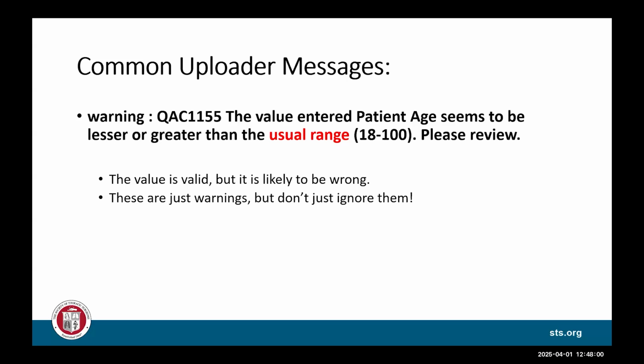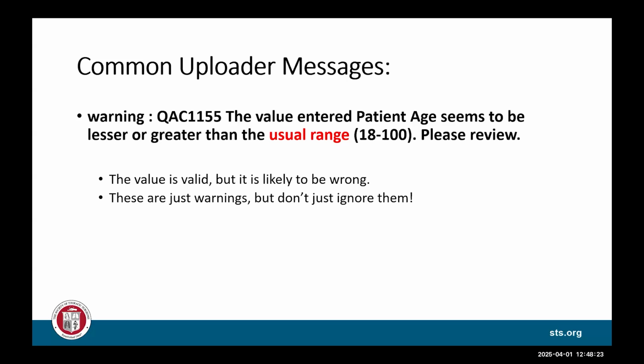Now, could you be doing an operation on a 17-year-old patient? Yes. Not likely to be doing bypass on a 17-year-old, but you could. So we want to allow that value, but it's more likely that you just transposed those two and it's actually a 71-year-old patient, not 17.